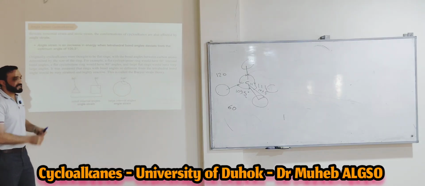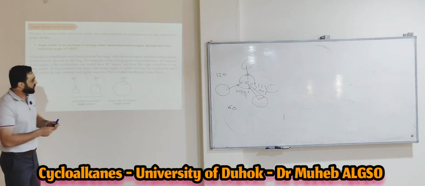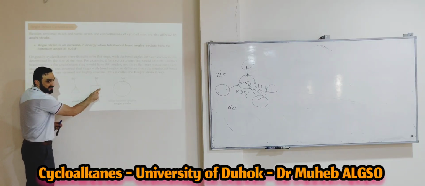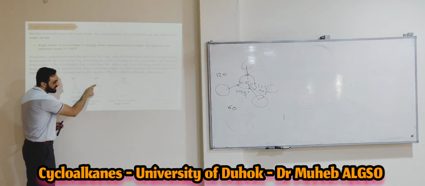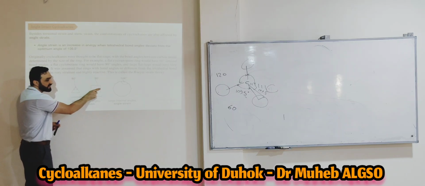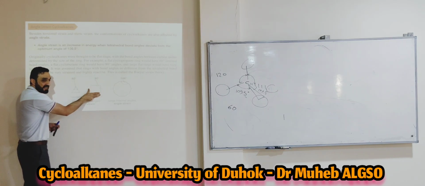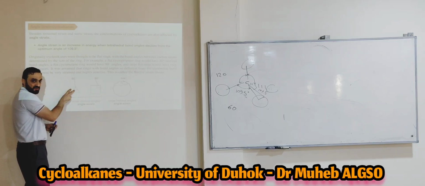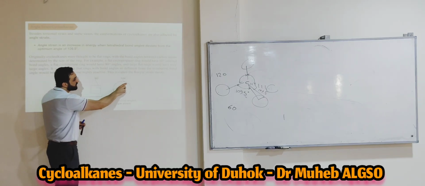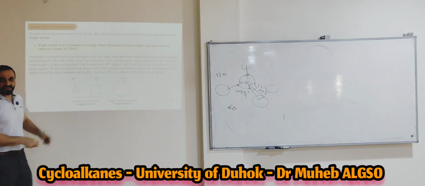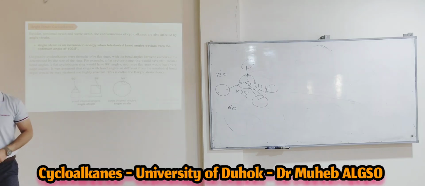But if the angle here is 90 degrees, that is more than 60, so this cycle is bigger than that one. Also the same thing: if the angle between this carbon and this carbon is 144 degrees, is this cycle small or big?